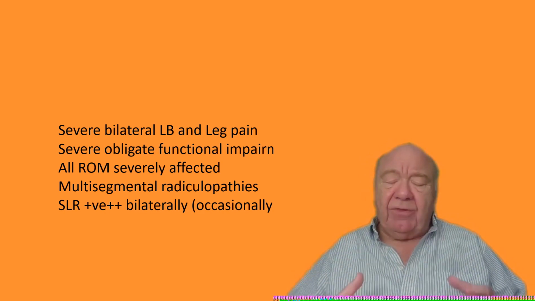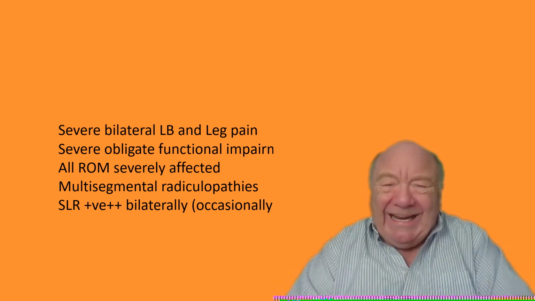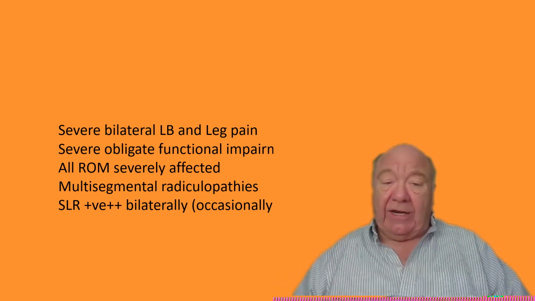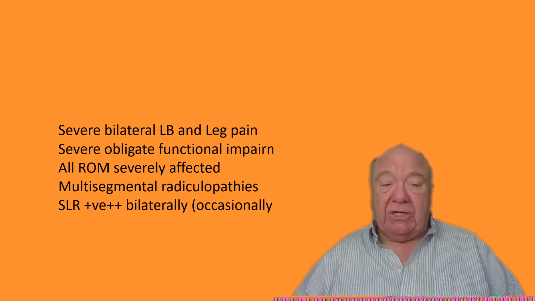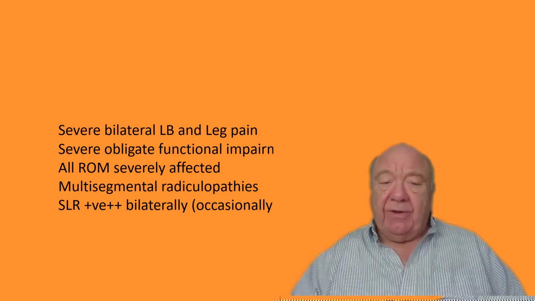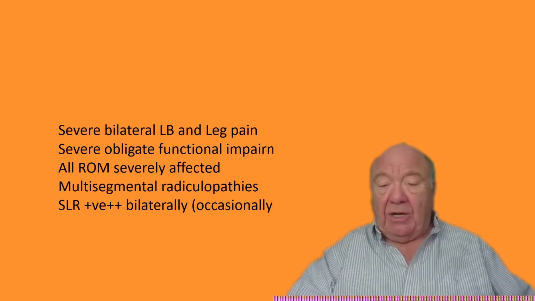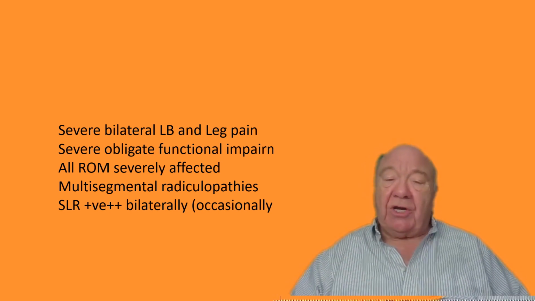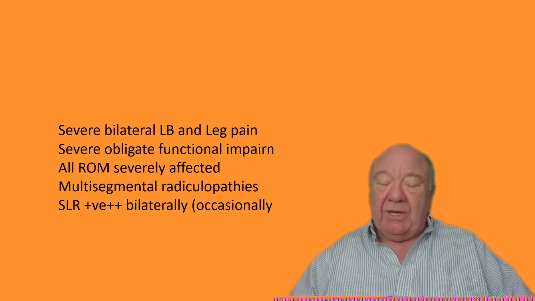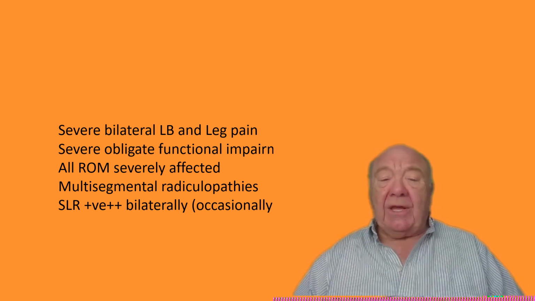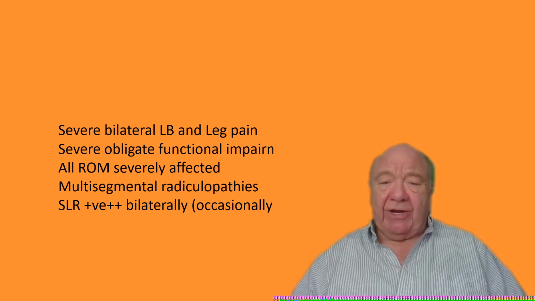The person doesn't come in saying, I've got pins and needles in here. It's pins and needles all the way down, and you're probably going to have to ask about in the saddle area. They may well not mention it, especially if it's a female. Straight leg raises are either going to be strongly positive bilaterally, or if the nociceptors have been destroyed by the pressure of the disc, this may end up being negative on both sides or one side. So as I say, this is not something you're going to have a diagnostic problem with.